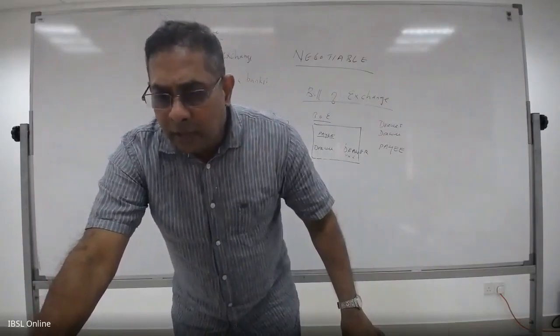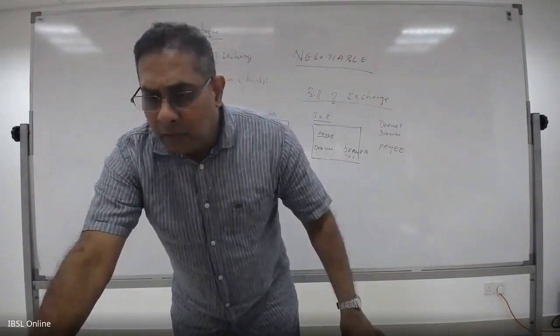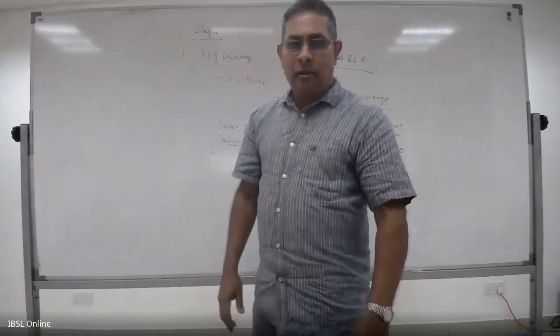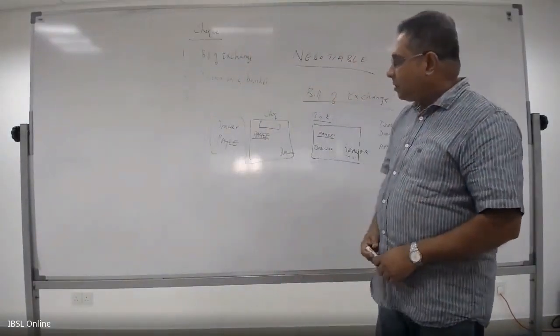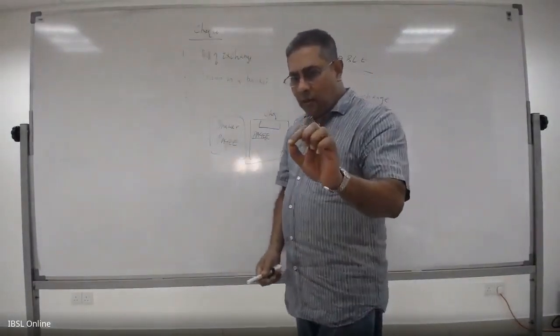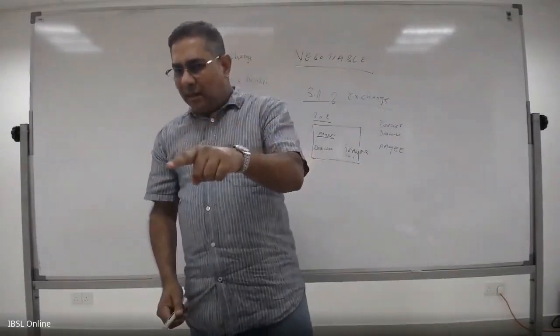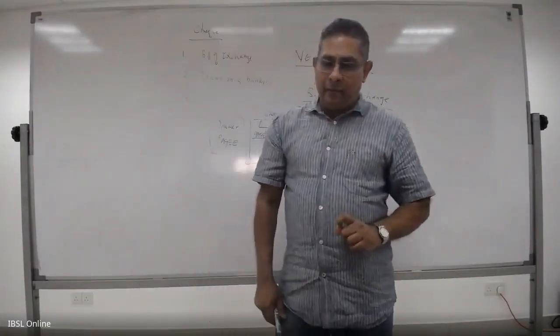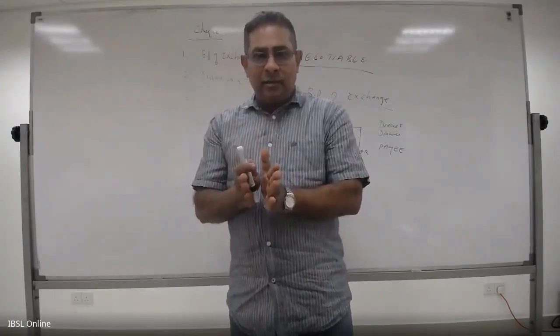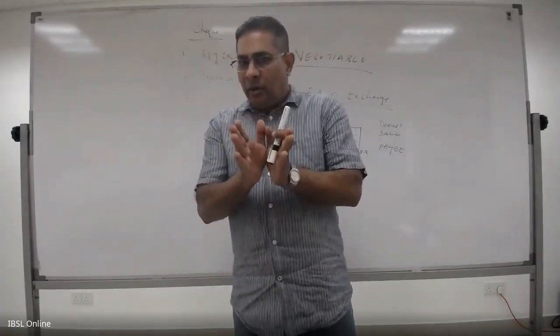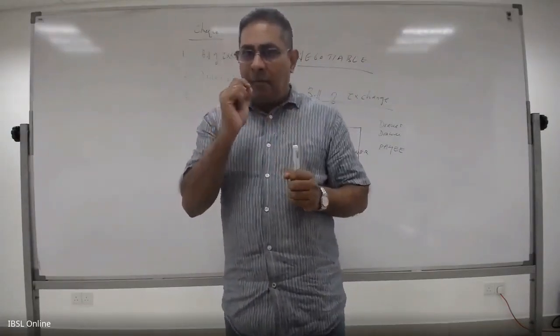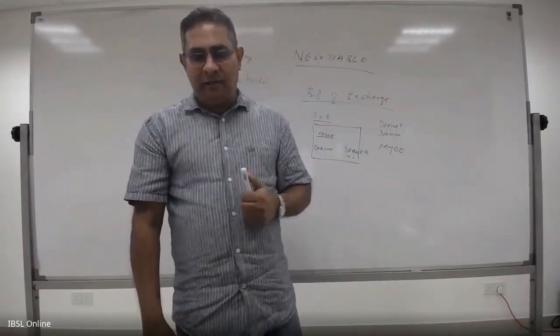Yes, Nikita. In a check, drawee is always a bank. Yes, drawee is always a bank. I didn't mention that. But if you visualize, that's the analytical power that a student should have, including myself.